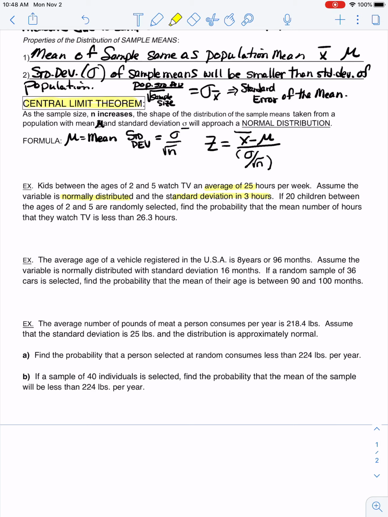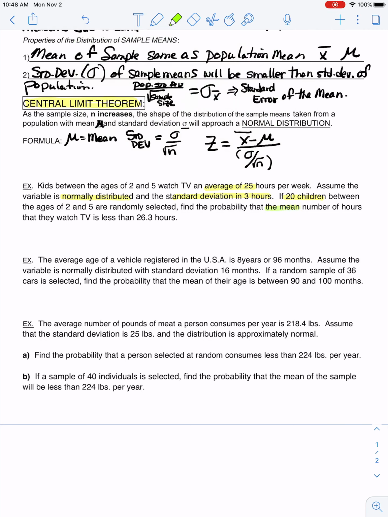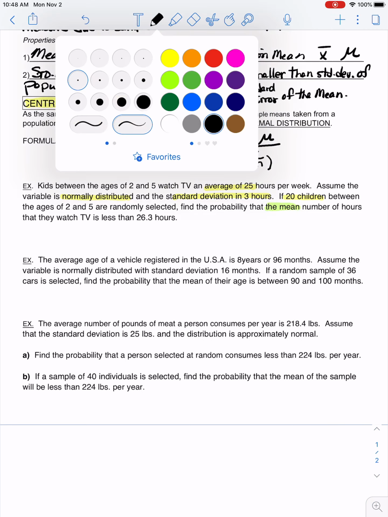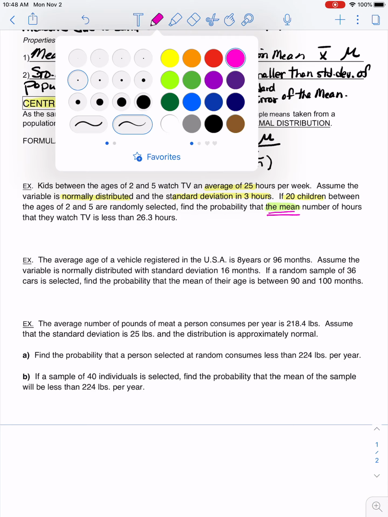If 20 children between the ages of 2 and 5 are randomly selected, find the probability that the mean number of hours that they watch TV is less than 26.3 hours.